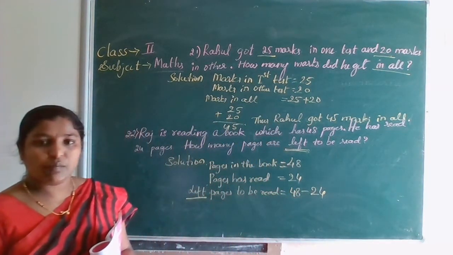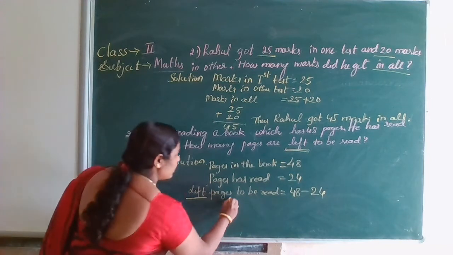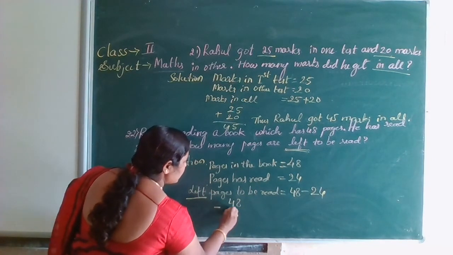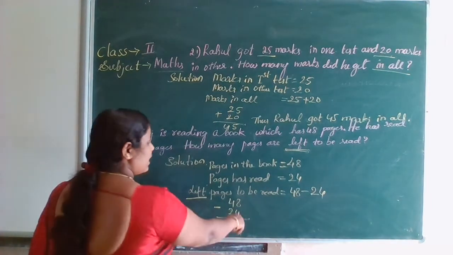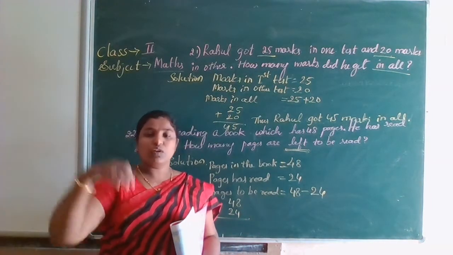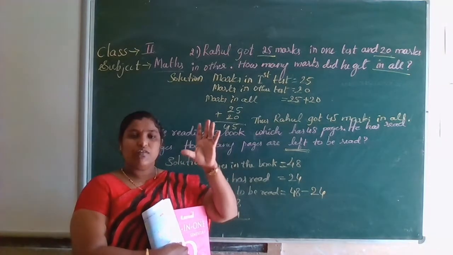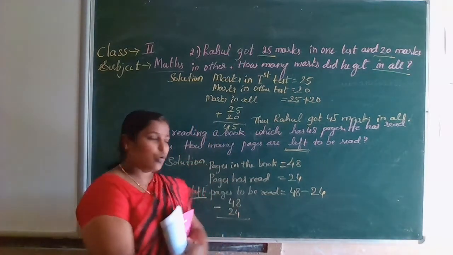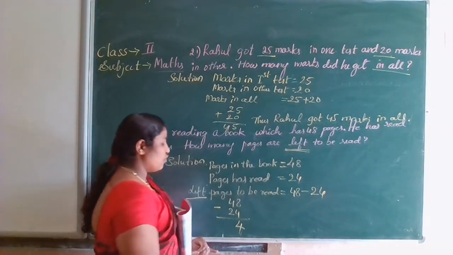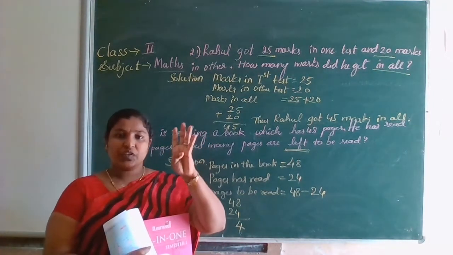So 48 minus 24. Write in the column 48 minus 24. You should do subtraction. 8 minus 4: leave 4, count up to 8. Leave 4, 5, 6, 7, 8. How many folded? 4. So answer is 4. 4 minus 2: 3, 4.